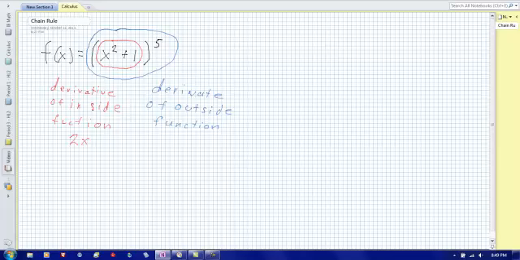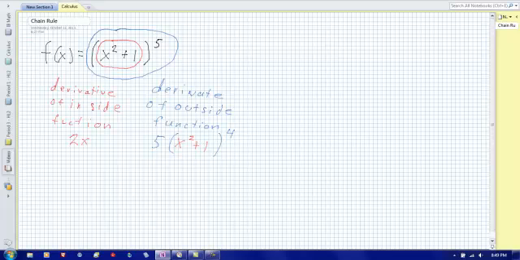So the target of this fifth power is not x, but let's put a 5 out here like we would in front of x. We'll open the parens here for a minute, and then subtract 1 from our exponent. So we applied our power rule, but what we applied it to was against x squared plus 1.